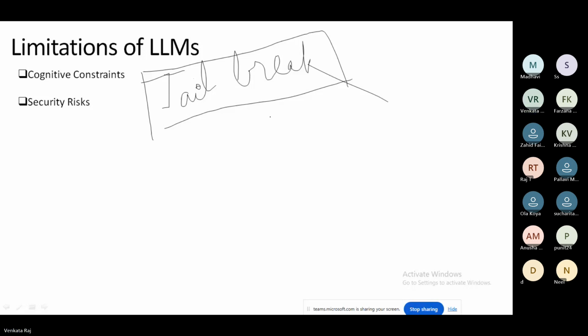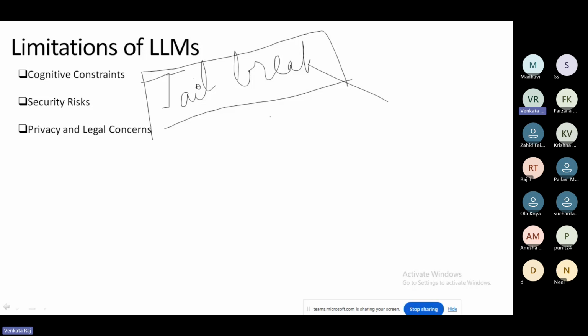Because the AI models are developed in such a way that they will not generate hate content, they will not break copyright or piracy, they will not encourage those things. But people always want to try. There are unethical persons who will try to do these things and bring a bad name to the product, right? So those are the security risks, guys.